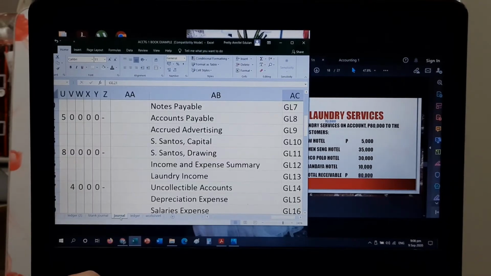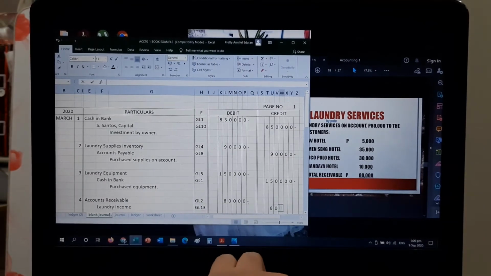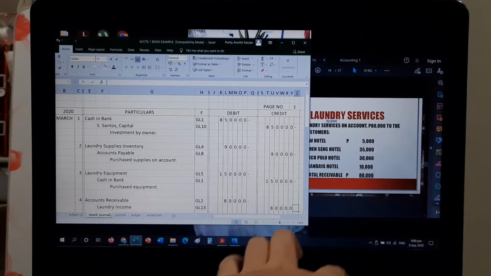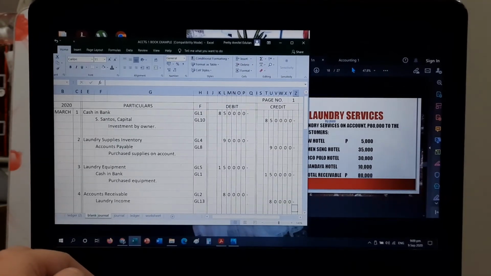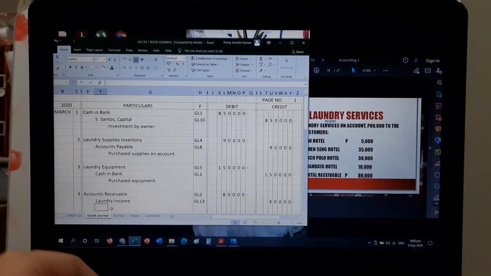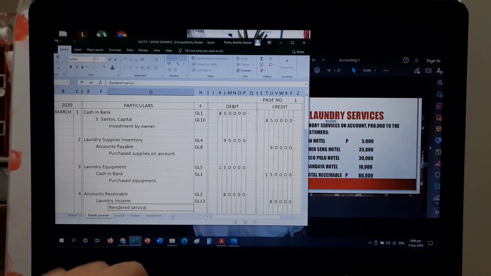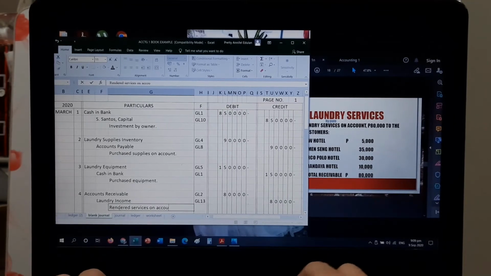And what was the GL number? 13. Explanation, rendered services on account.